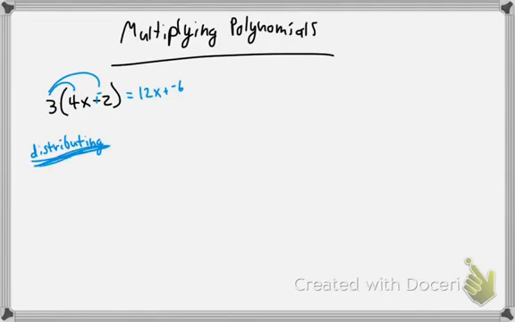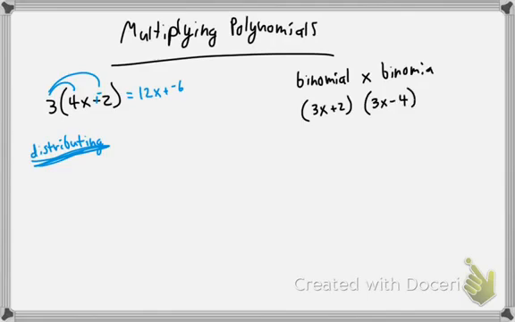We're going to start by taking a binomial times a binomial. So we're going to take let's do 3x plus 2 times 3x minus 4. Okay, so if you ask any algebra teacher, Miss Keel, Mr. Withers, what their favorite English dictionary word is, it's got to be FOIL.